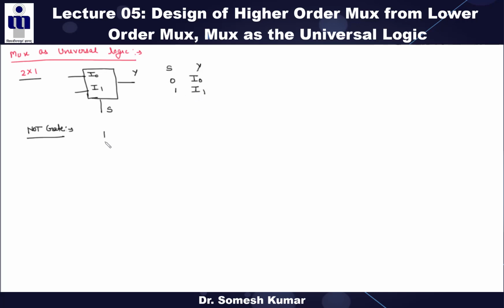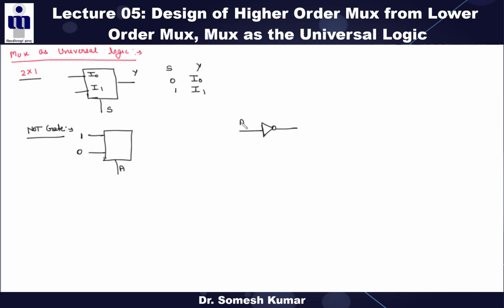So here, if the select line is A, and I0 is 1 and I1 is 0, then the method for this is the NOT gate.